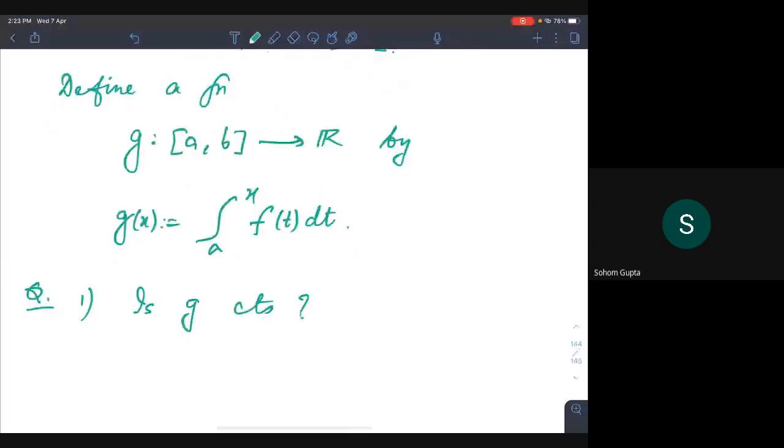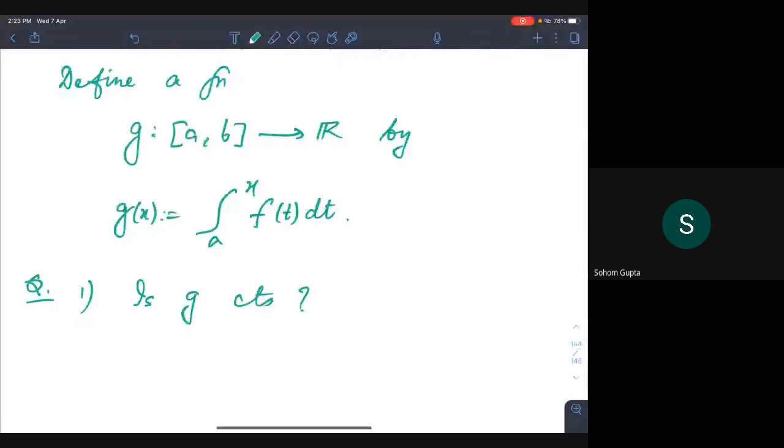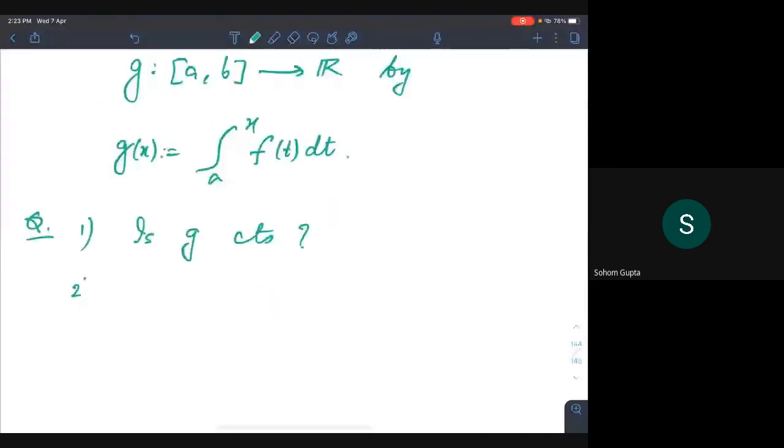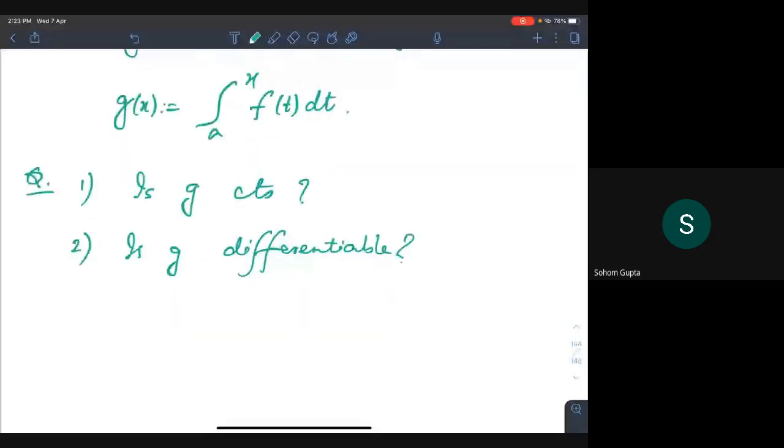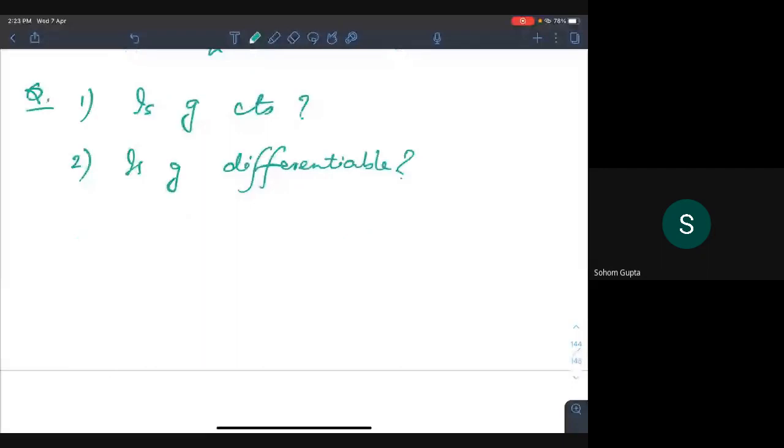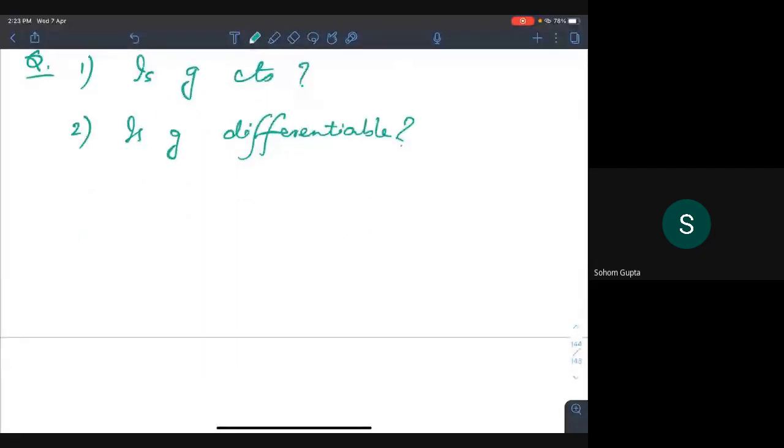The questions are: is g always continuous? Similarly, is g differentiable? What is this function? This is a very natural function.